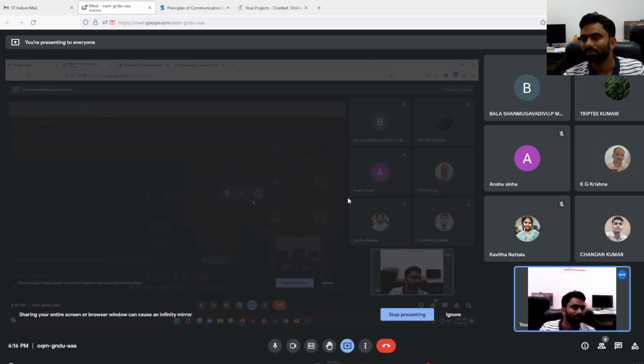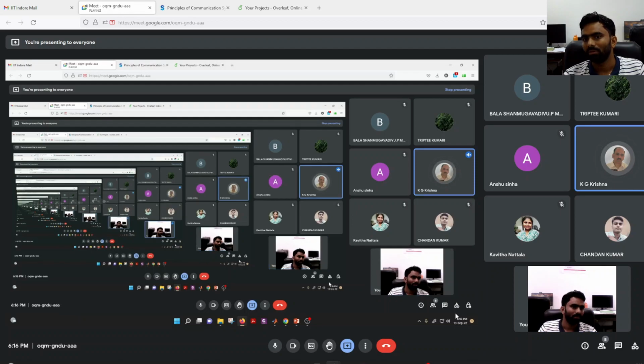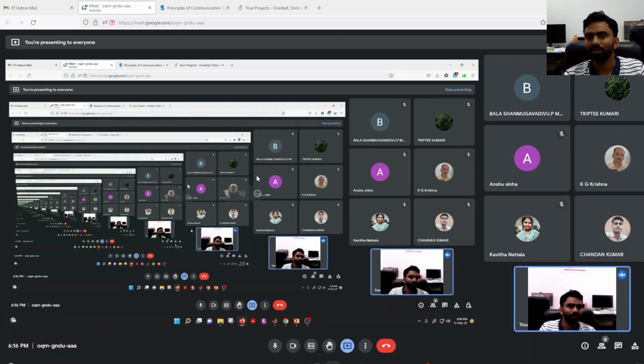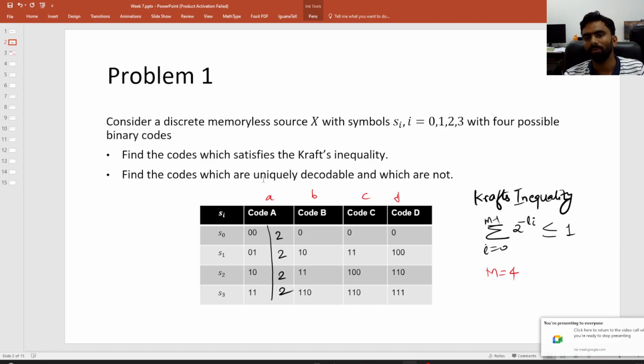Yes, it should be a prefix free code. So a prefix free code is uniquely decodable, and if one code is a prefix of another code, then it will not be uniquely decodable.